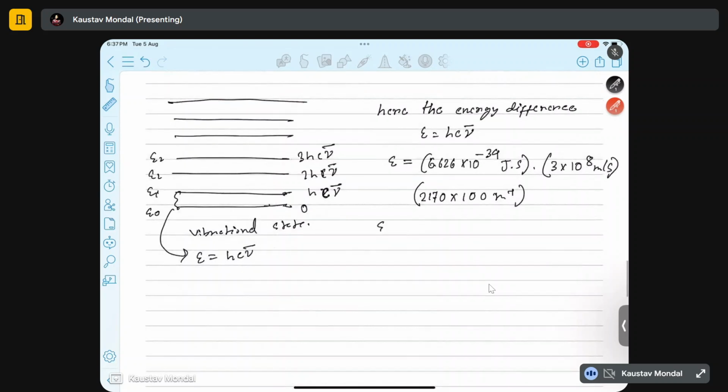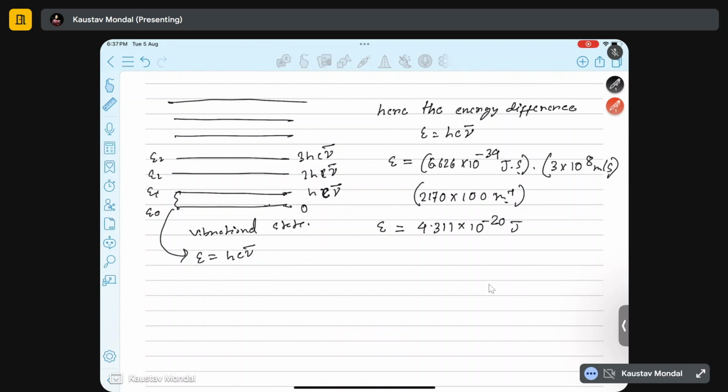So epsilon will be, if you multiply all these three quantities, 4.311 times 10 to the power minus 20 joule. The second and meter cancel, so the energy comes in joule, which is consistent with the dimension of energy, right?